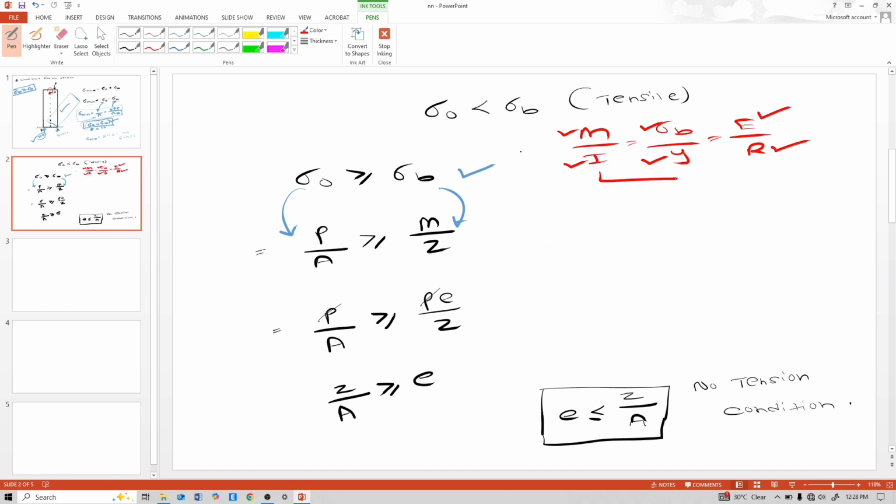So M by I is equal to sigma B by y. So this sigma B is equal to My by I.